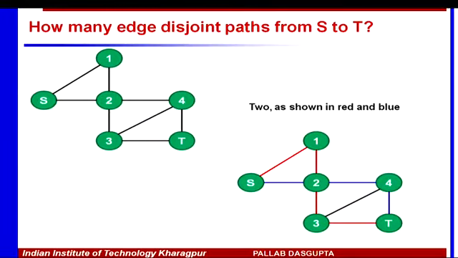Right. So, in the first part of this lecture on network flows, what is the thing being passed around?